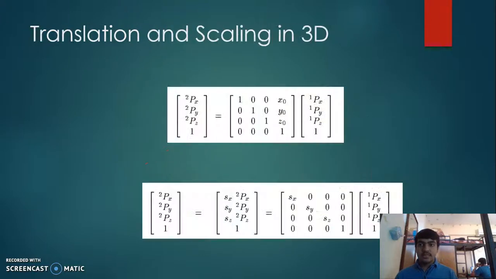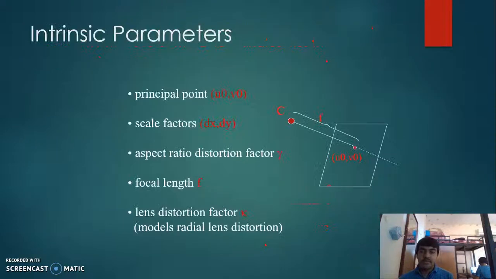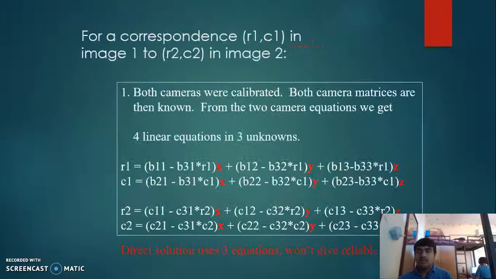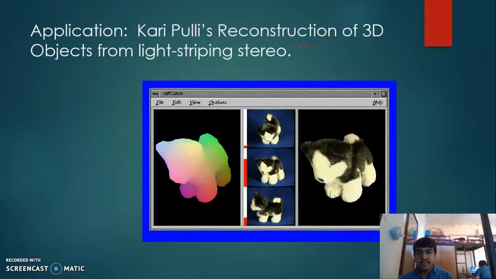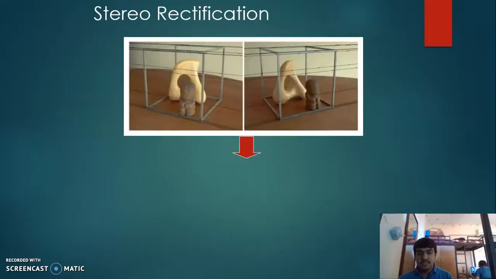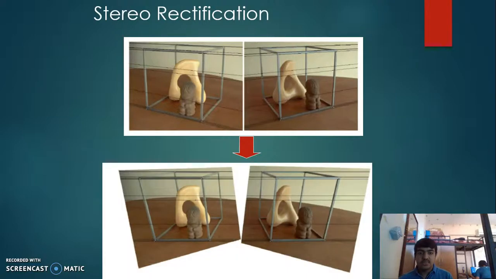This is stereo rectification. As observed, we have taken two images and rotated them, and then we combine them to get a 3D image of this puppet and the object inside that cube.